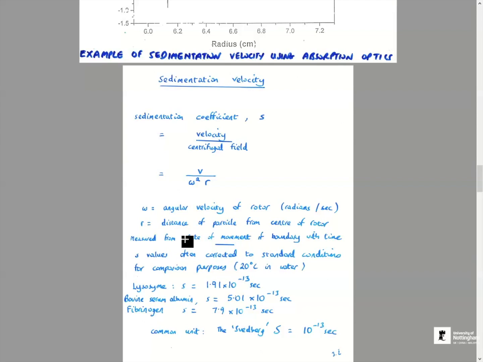Bovine serum albumin: 1 Svedberg is 10 to the minus 13 seconds, so the sedimentation coefficient in Svedberg units is 5.01, that's right. Fibrinogen, the elongated protein, higher molecular weight, 330,000, 7.9 Svedbergs. Must be a misprint on there, because what's missing?